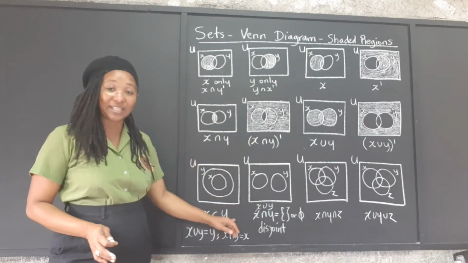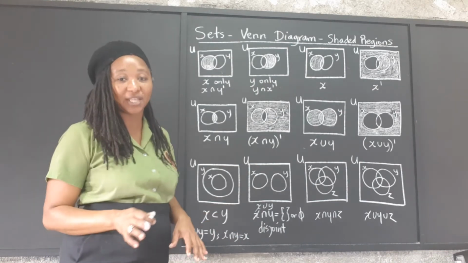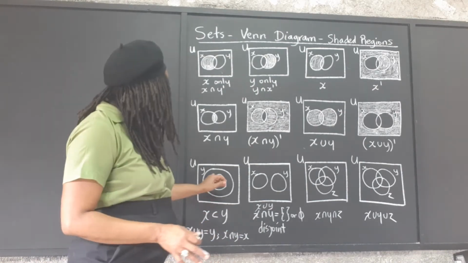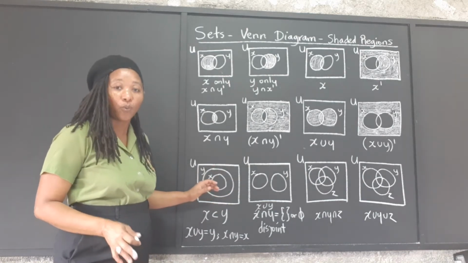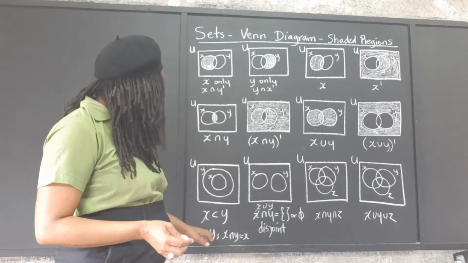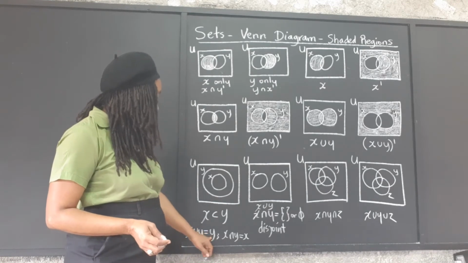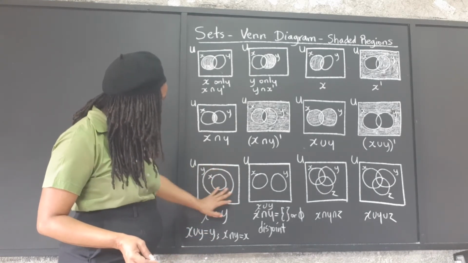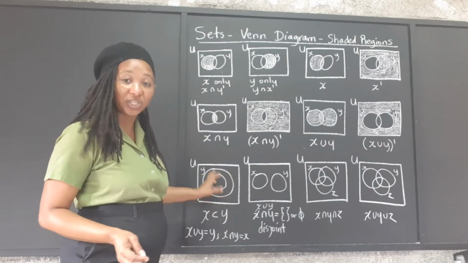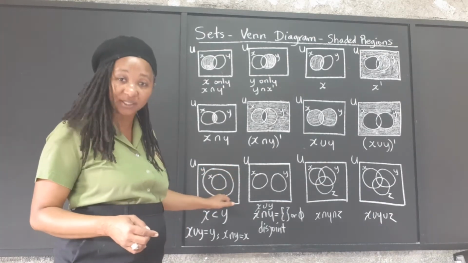X is a subset of Y, so this is a special case of intersection where everything in X is contained within Y. When X is a subset of Y, their union is Y. So their union would have been everything here in the circles shaded, which is really Y, because Y is the bigger circle.